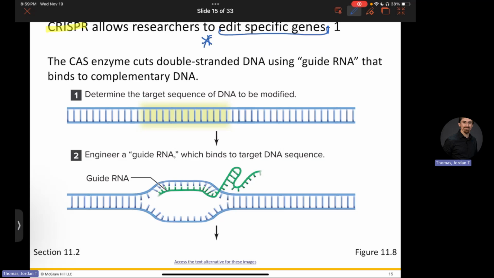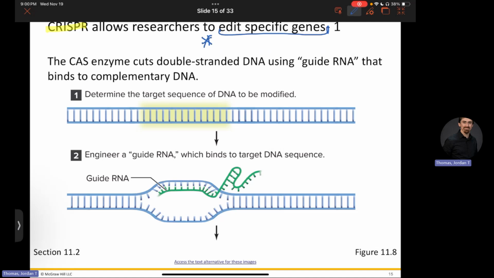We've talked about inserting genes into organisms. We talked about determining the sequence of a gene, the order of the bases in a gene, in the whole genome too. And we talked about amplifying or replicating DNA. But CRISPR is the first DNA technology that can actually edit or change a gene.